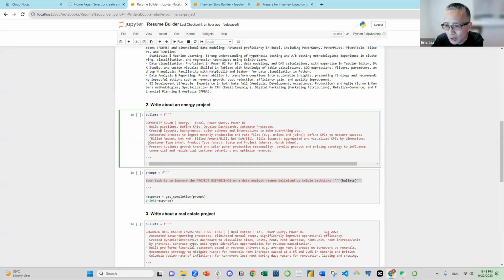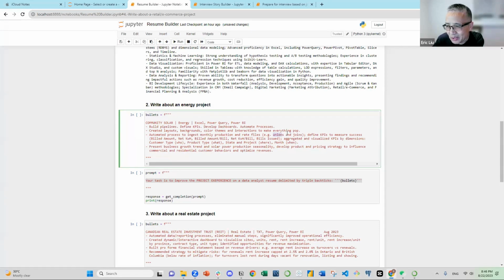So the second bullet is create layouts and backgrounds and color, not scheme, I think it's color themes. And interactions to make everything pop. I really, really like this. And then automate the process to ingest monthly production file and the rate file. We use two techniques, one is unions and the other is joins.